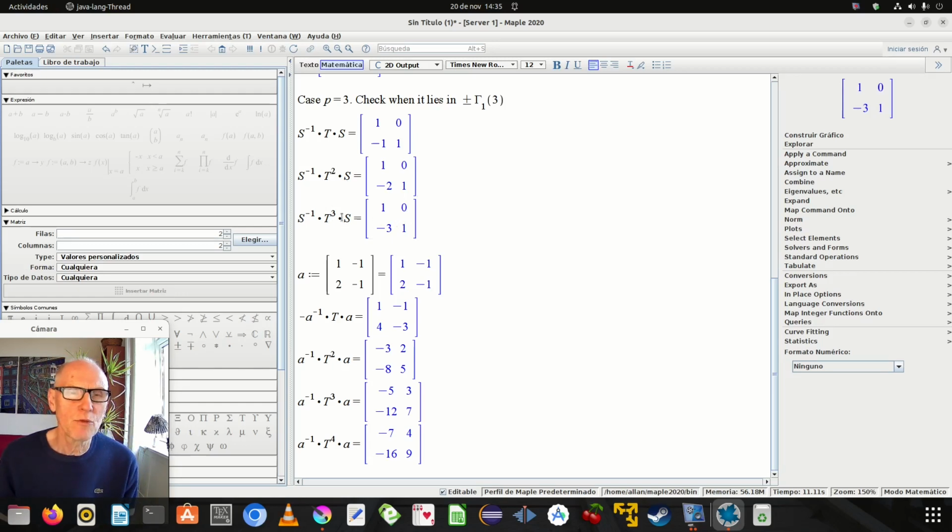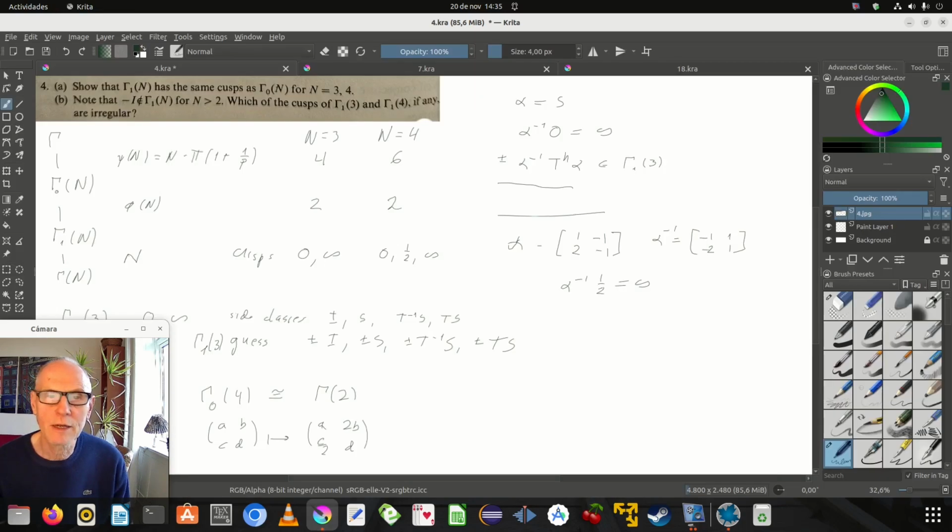So it has ramification index 3, but since it's a plus, it's regular. I will just write that. N equals 3. Ramification index 3, and it's regular.